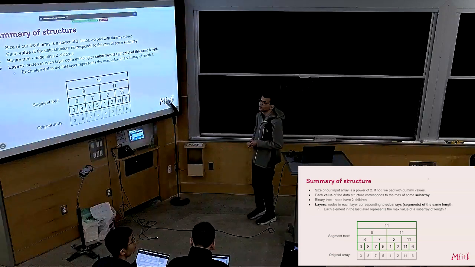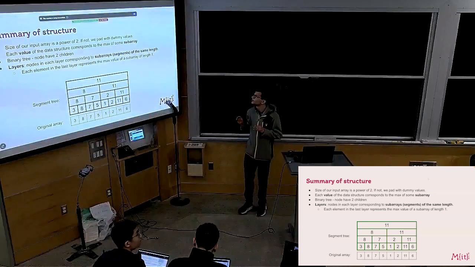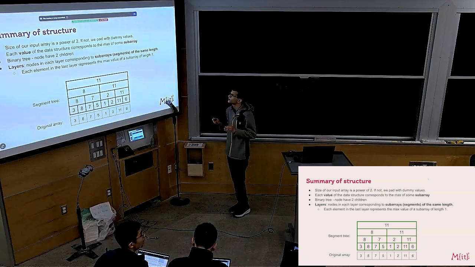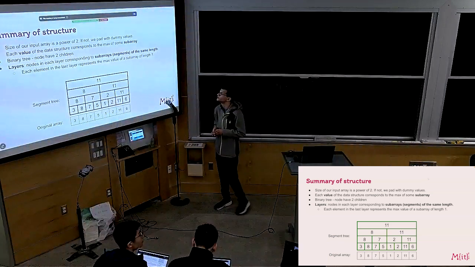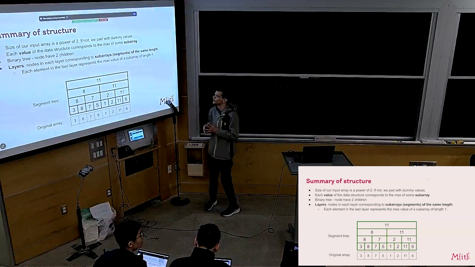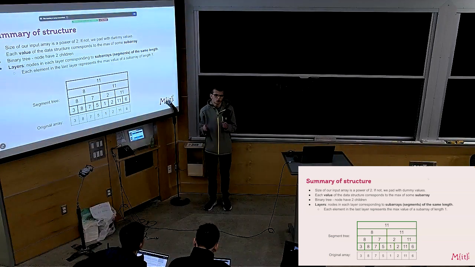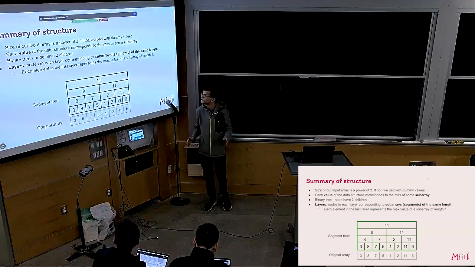Okay. So now we have the general idea of a segment tree. Now let's try to work out a bit more of the details of how to actually do all of these operations.